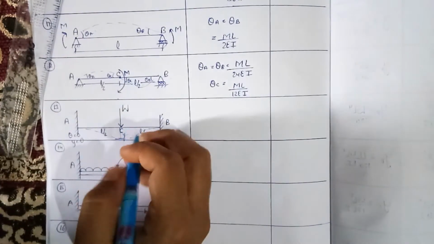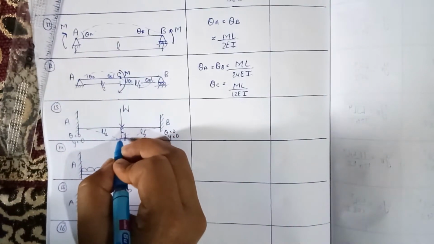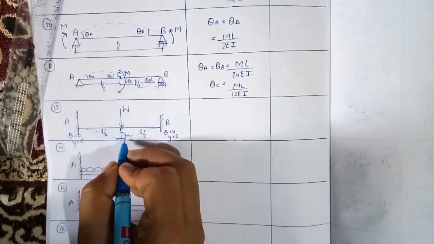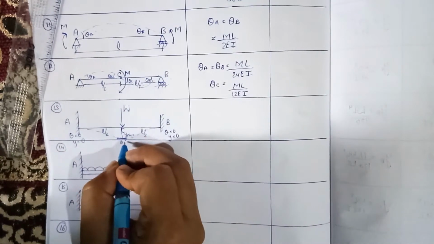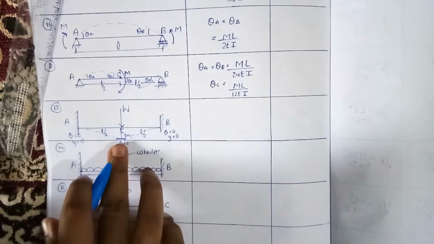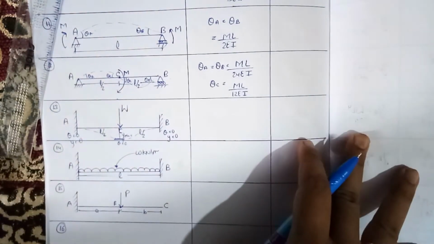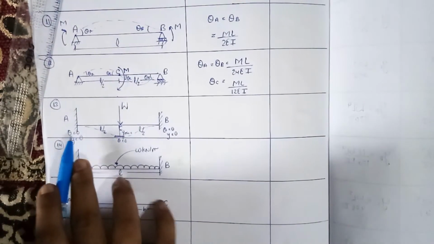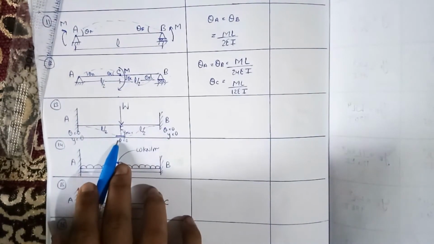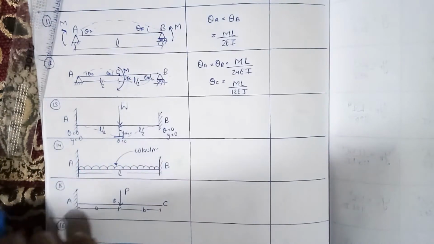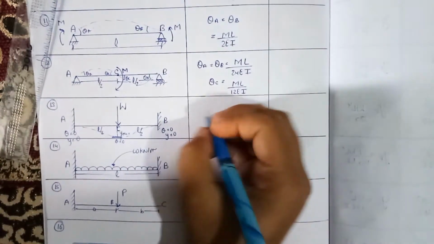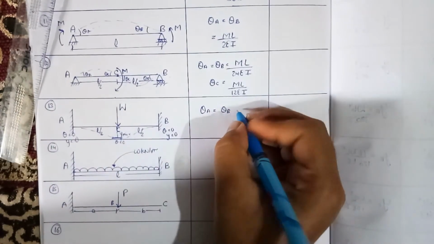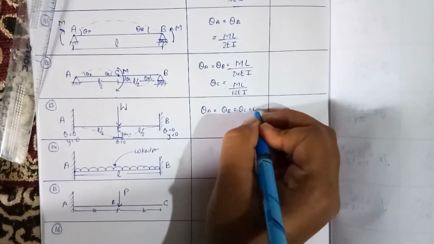The deflection at point C will be the maximum deflection, and at the maximum deflection the value of slope will be 0. We have seen this earlier in the case of a simply supported beam also. So the value of slope at the joints A, B and point C will be equal to 0, that is, theta A, theta B and theta C will be equal to 0.